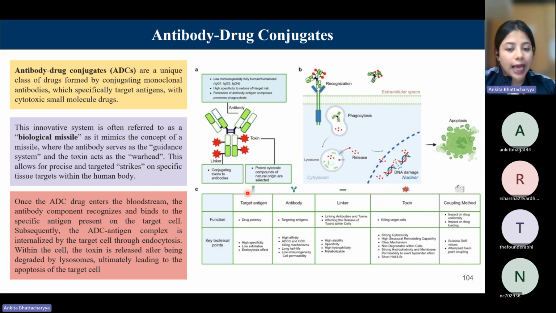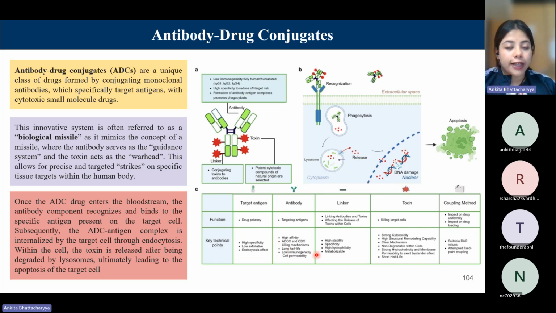First is your target antigen. What is its function? It is to ensure that the drug is very potent in nature. The target antigen should be very highly specific. It should allow endocytosis. Your antibody should be able to target that antigen. It should have very high affinity. It should be able to trigger ADCC, like I mentioned, antibody dependent cell cytotoxicity, which means that once this antibody has bound, it should be able to trigger cell death.